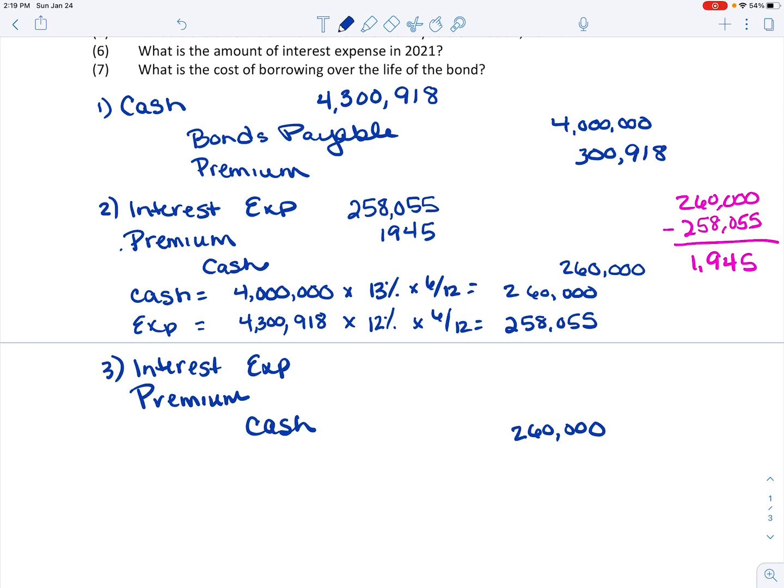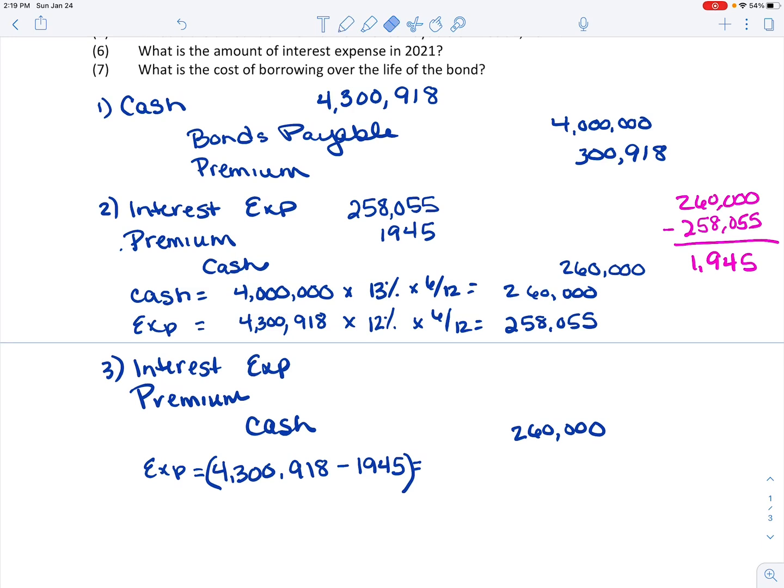But now we need to calculate what our new interest expense is going to be. So I take my carrying value, and my carrying value is going to be my original amount. Oops, that should be 9. That's my original carrying amount. But remember, I did amortize a portion of that premium to give me that new carrying value.